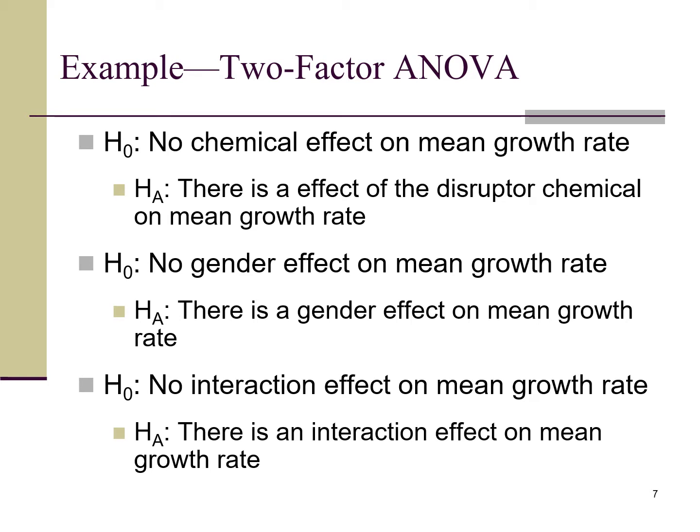And then our second hypothesis will be that there's no gender effect on the mean growth rate, and that there is a gender effect on mean growth rate is the hypothesis that we'll be testing. And then the third hypothesis will be that no interaction effect exists on mean growth rate. And of course, then what you're testing is whether there's an interaction effect on mean growth rate.